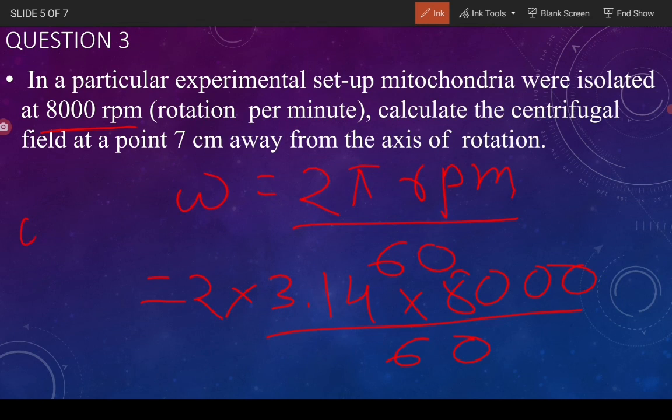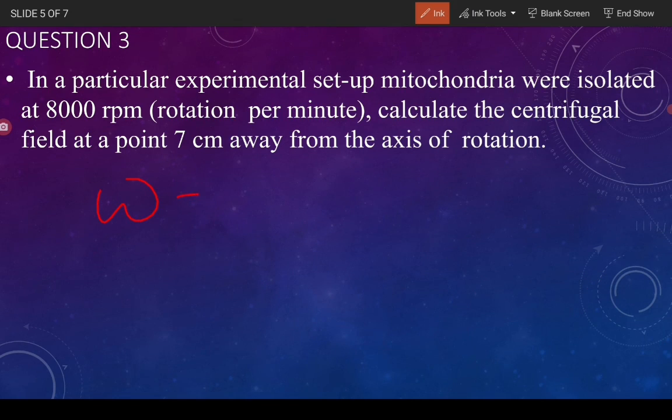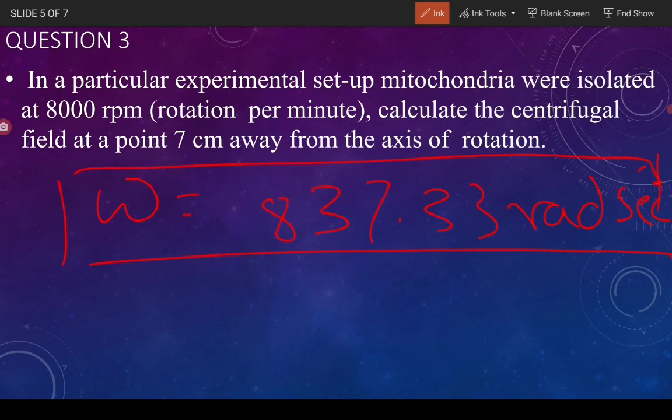So omega will be equals to 837.33 radian per second, right? So this is omega. We calculated omega, right? Now from omega we need to calculate G.